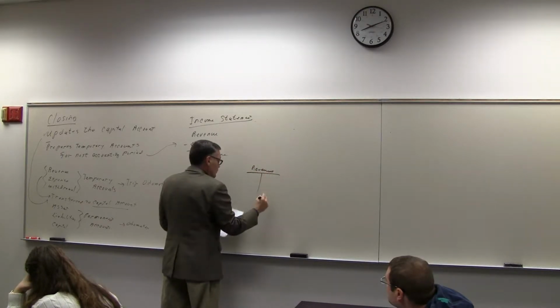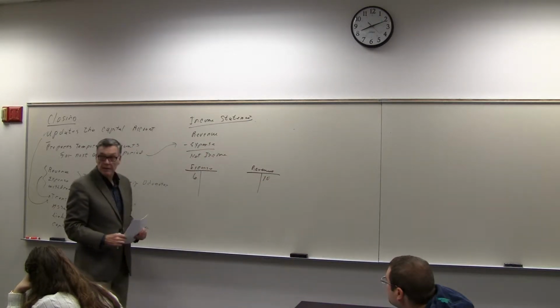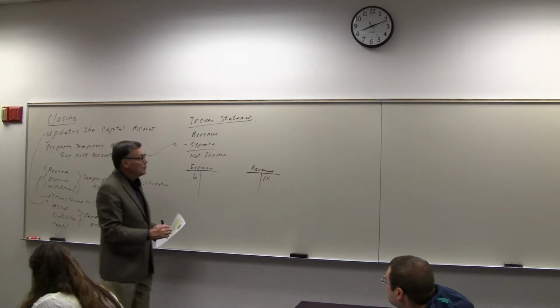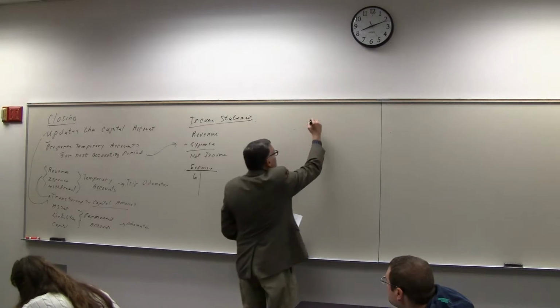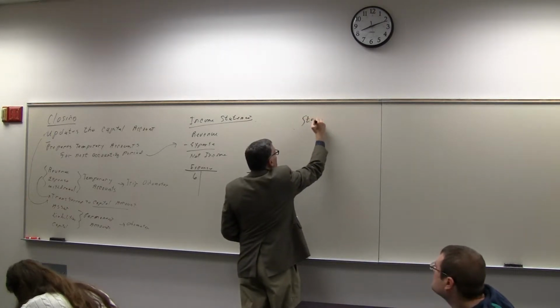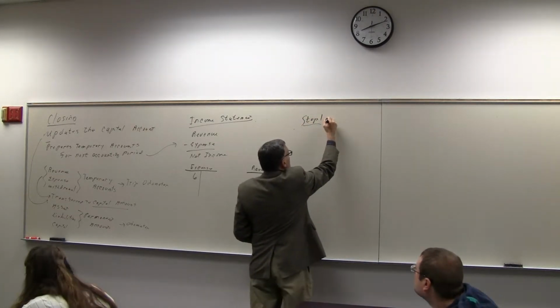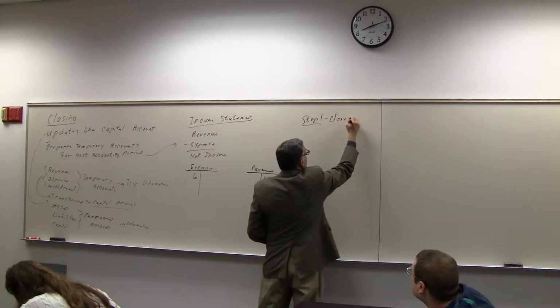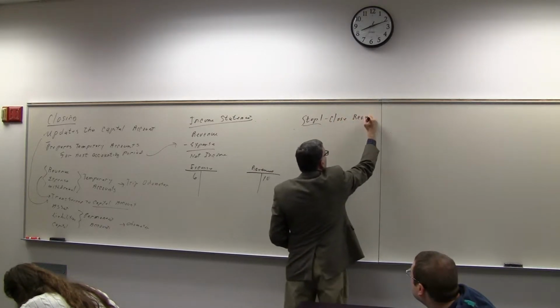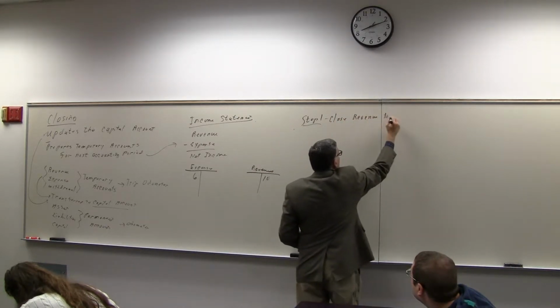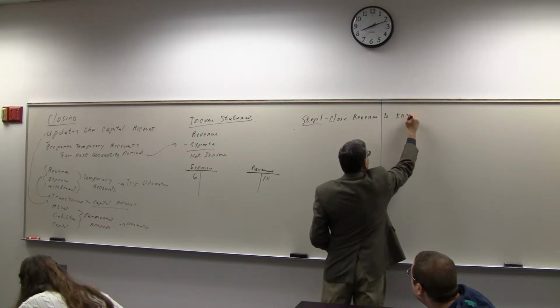Now that could be service revenue, whatever. And of course it'll have a credit balance, right? Now, step 1 is you close the revenue to what's called income summary.